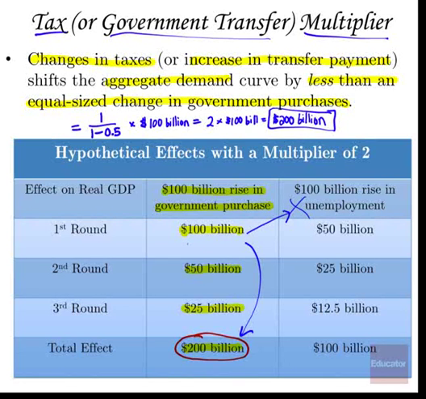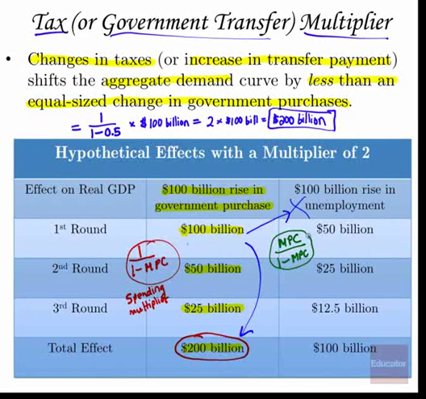And the way that you can capture it in the equation is, instead of multiplying by 1 over 1 minus MPC, which is the spending multiplier, the correct multiplier to use is MPC over 1 minus MPC. And so let's call this the tax multiplier.